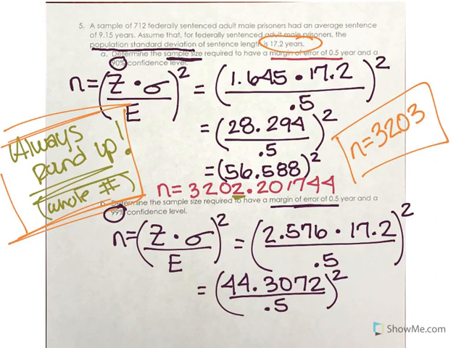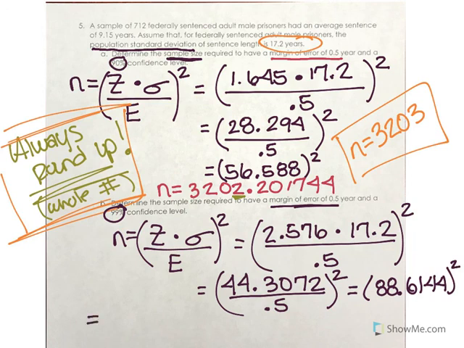Divide by 0.5, and you should get 88.6144, and we're going to square that number.